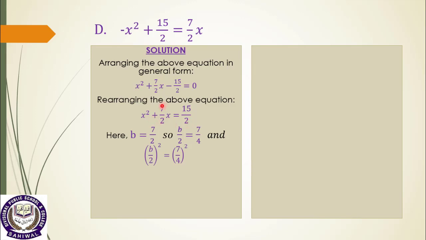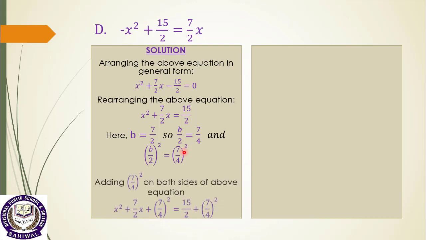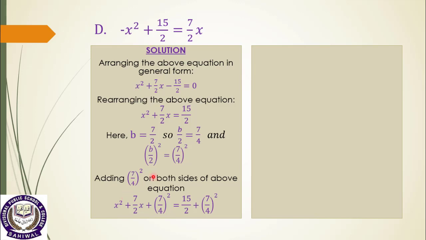In this equation, b is equal to 7 by 2. So dividing it by 2, we get 7 by 4. And squaring it, we get 7 by 4 the whole square. Adding 7 by 4 the whole square on both sides of the above equation, we get x square plus 7 by 2x plus 7 by 4 the whole square is equal to 15 by 2 plus 7 by 4 the whole square.